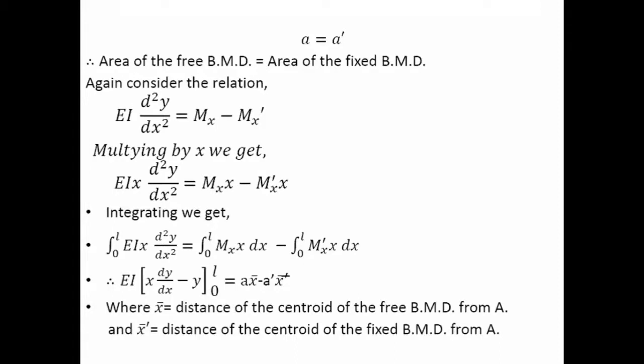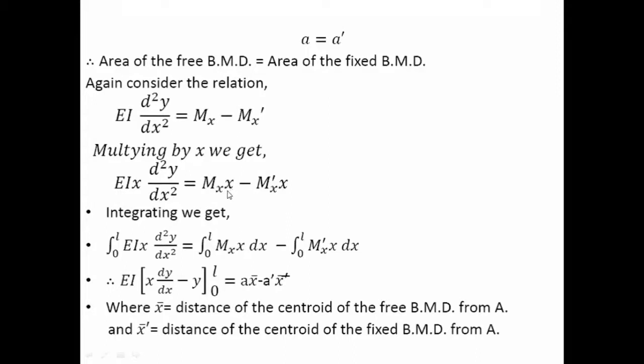Now we are going back to our previous equation: EI d2y by dx square is equal to Mx minus Mx dash. Now we multiply both sides by x. So EI x into d2y by dx square is equal to Mx into x minus Mx dash into x.